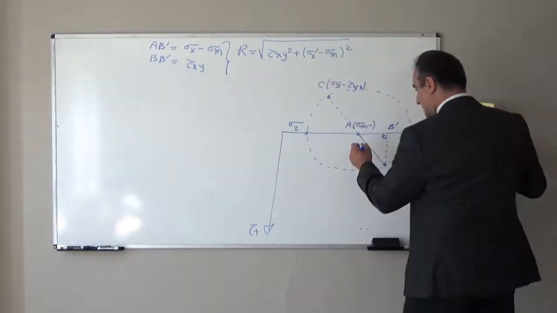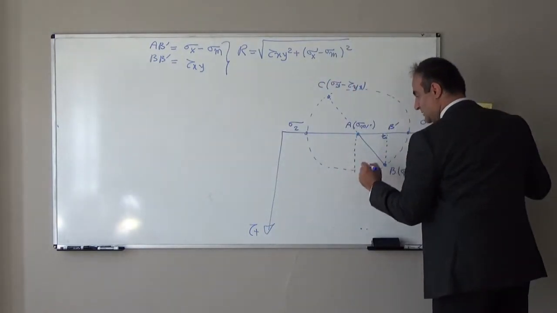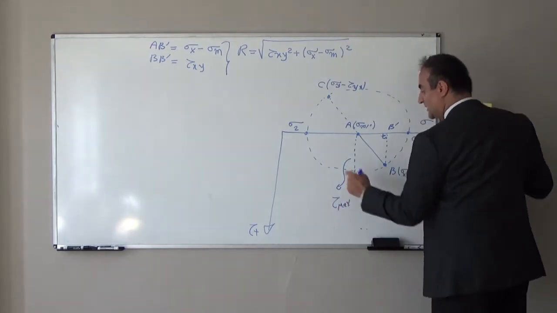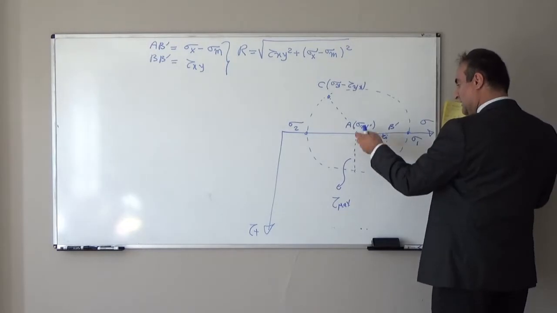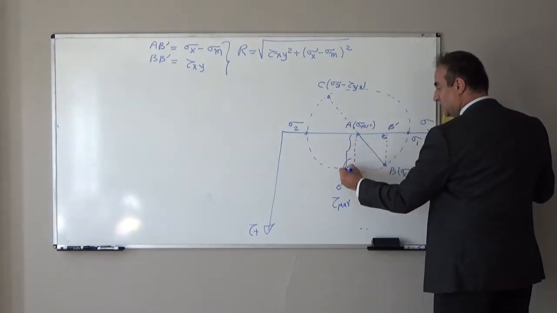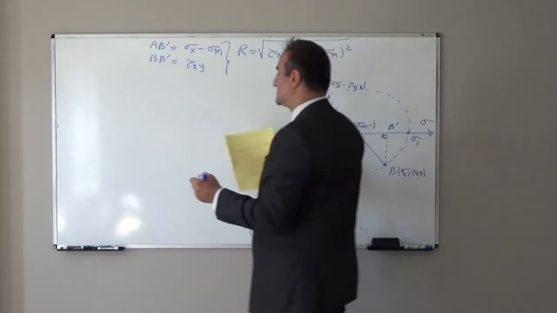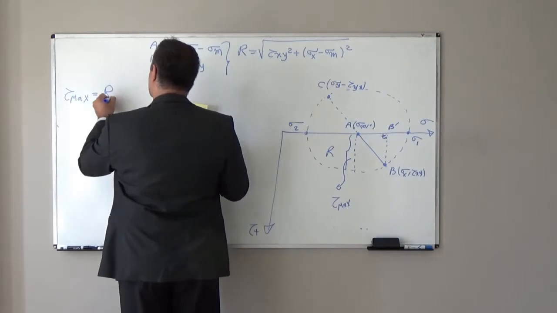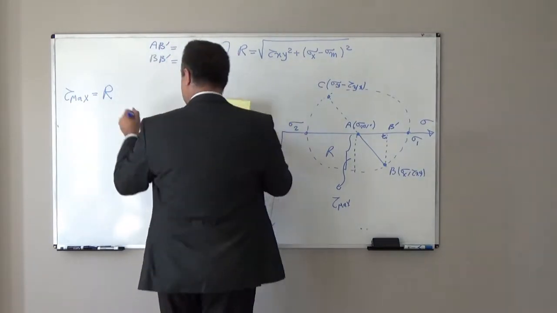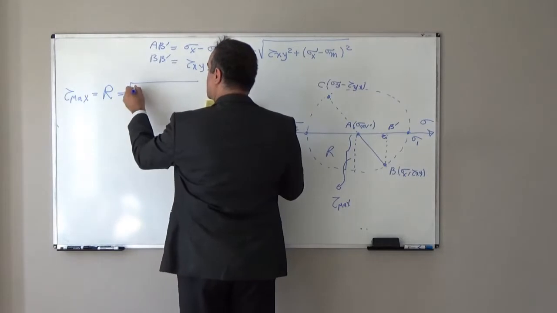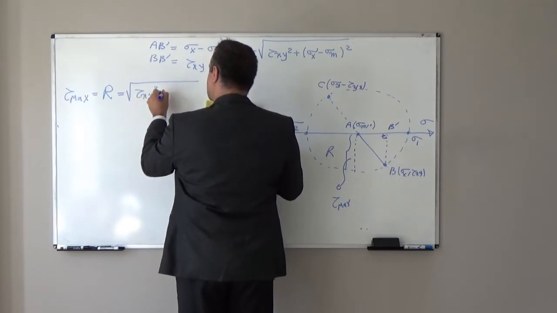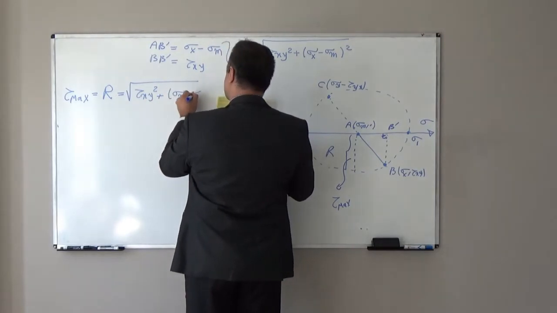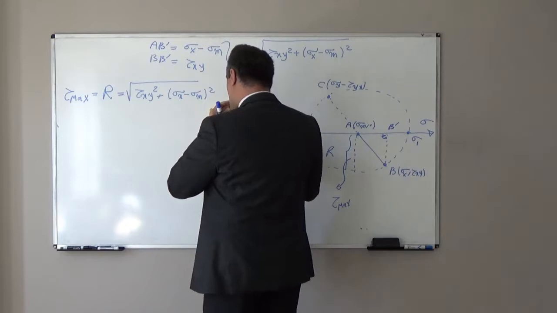And tau max is this height, because this shape is a circle, so if we rotate the radius, this will be equal to R. So tau max will be equal to the radius of the Mohr circle, which is the square root of tau xy squared plus sigma x minus sigma m squared.